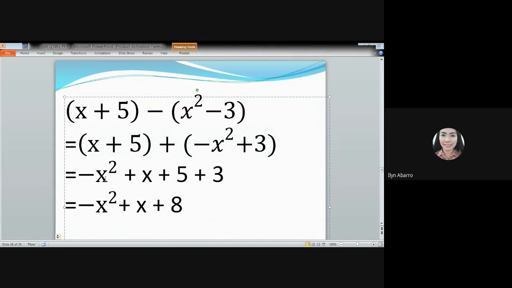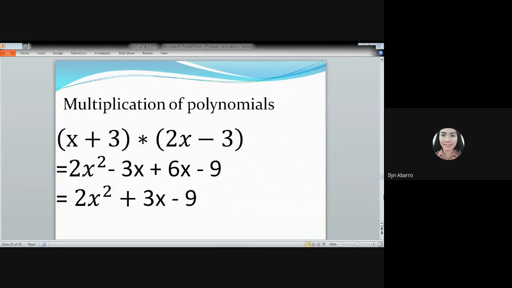It will become negative x squared plus x and then 5 plus 3. So that is negative x squared plus x plus 8. So you always arrange your answer from highest degree to lowest or into descending order. Mula mataas pababa.